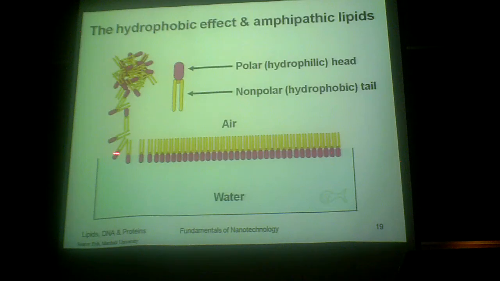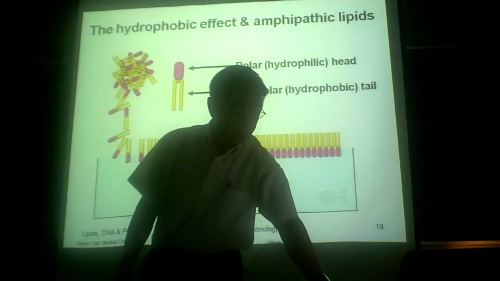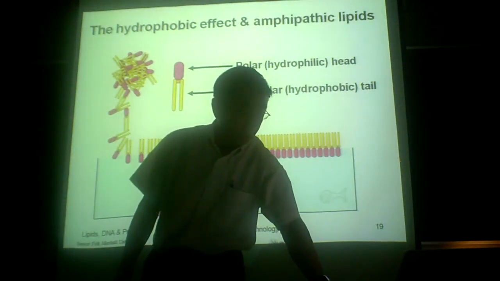You can see what will happen, right? The hydrophobic end will stick out, and the hydrophilic end will go into the water because it's water loving, and you then disrupt the superficial tension, and that's reflected by the lowering of the surface tension in water.